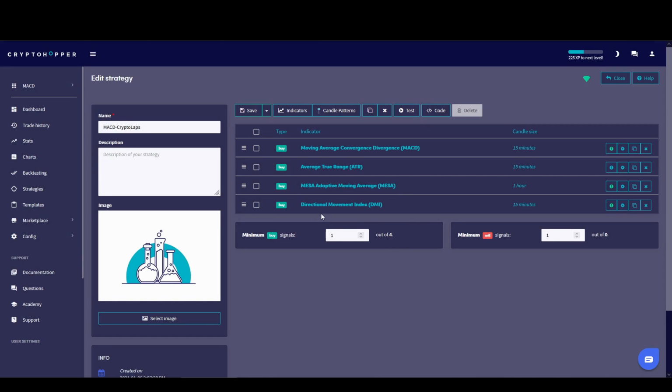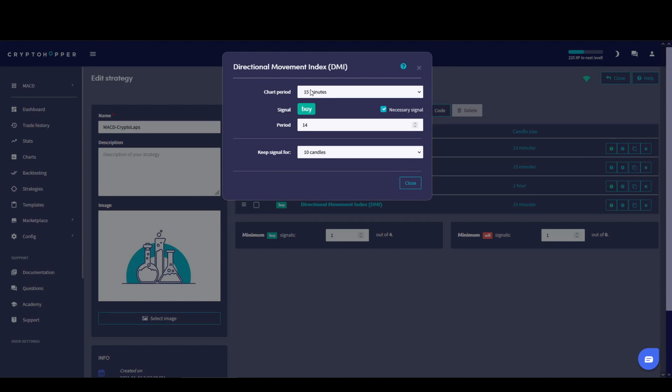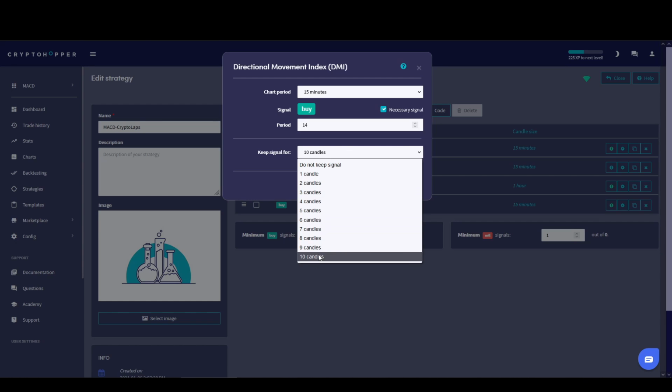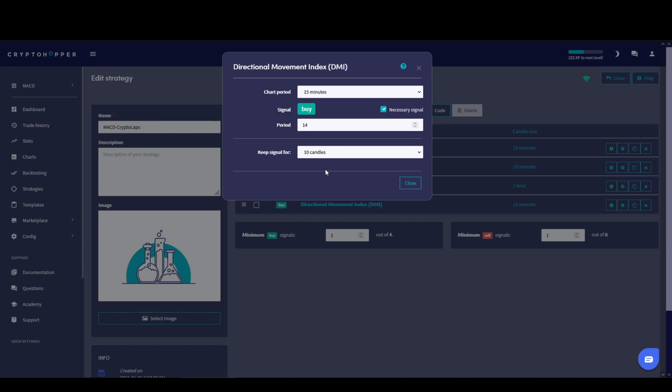And the last one is the DMI. We do the same thing. You go to indicator, you search for DMI, and then you select it. The DMI will be on the 15-minute chart. Buy, necessary signal, period 14, and keep signal 4. This is very, very important. It has to be at the maximum 10 candles.